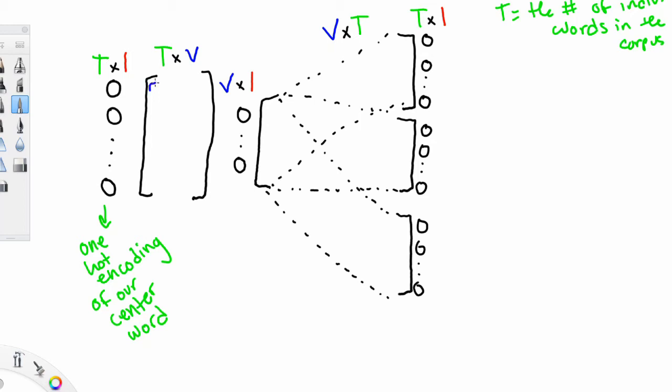So that was a lot, but here, each row in our weight matrix, so this is our weight 1 matrix, each one of these is a word embedding. Each row, and it keeps going for t number of rows. And remember, t is the number of individual words in our corpus.